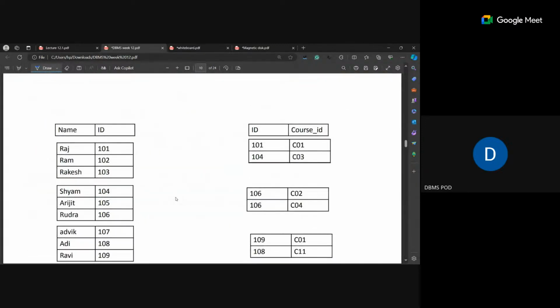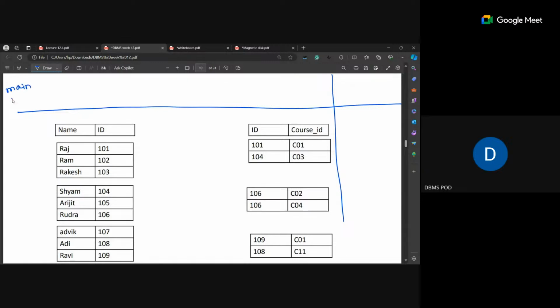Suppose this is the main memory, or you can say the buffer.